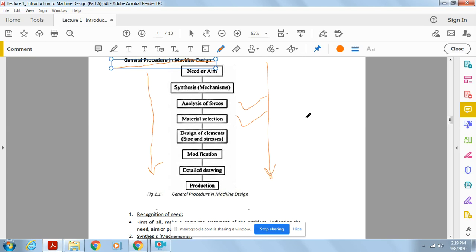Because if you use costly materials, ultimately the production cost will rise, the selling cost will rise, and when the selling cost rises, the public will not try to purchase those parts.